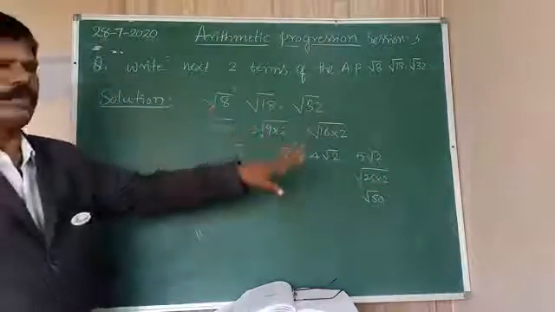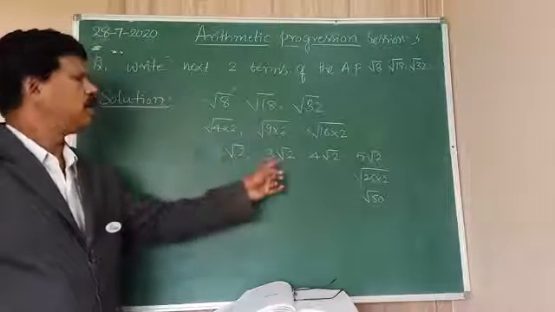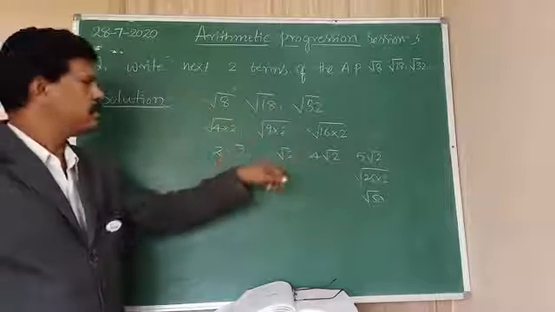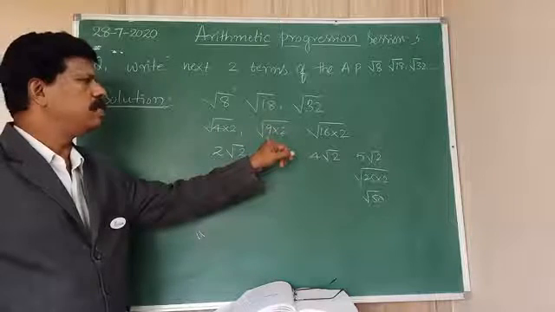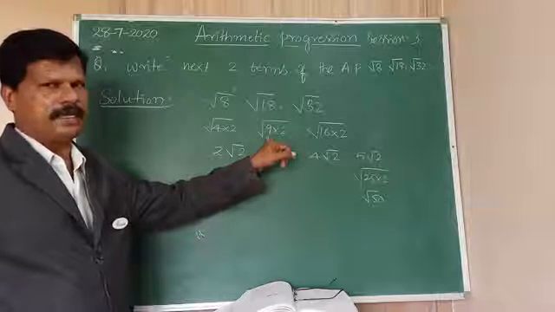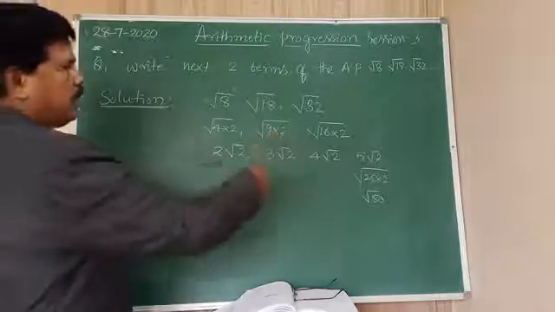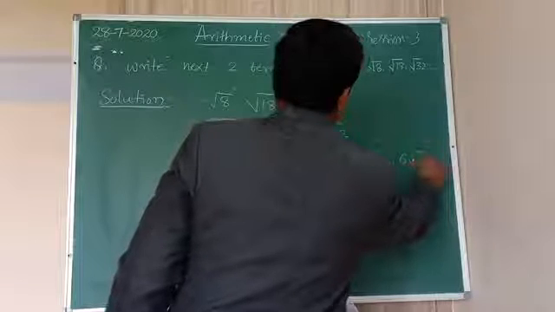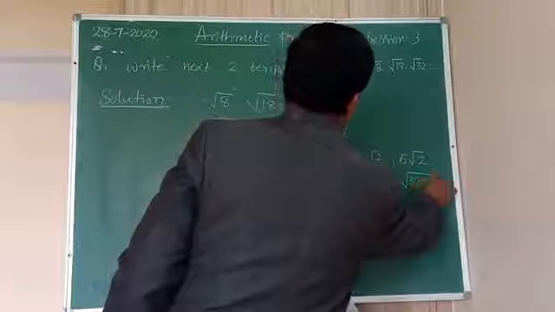So when you remove the perfect square number, then you will get 5 root 2 like this. Then insert the outside number inside the square root, then it becomes 5 square into 2. Similarly, the next term is 6 root 2. So when you put the 6 inside, it becomes 36 into 2.